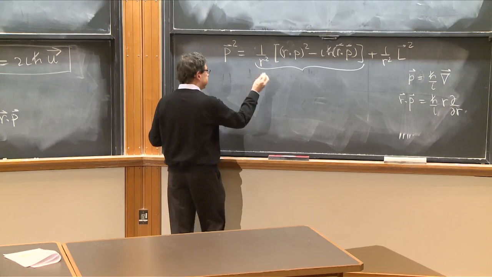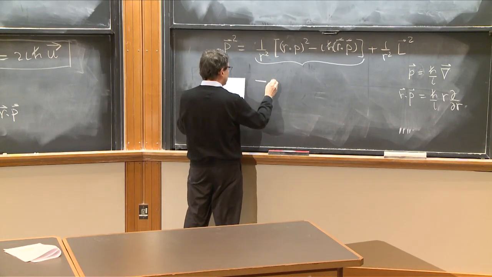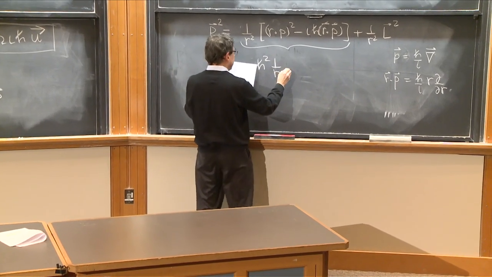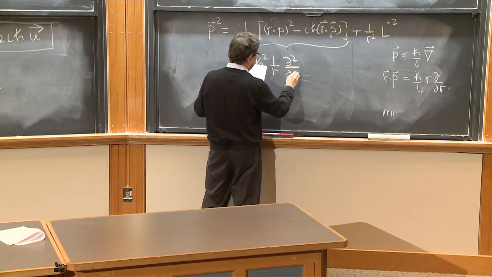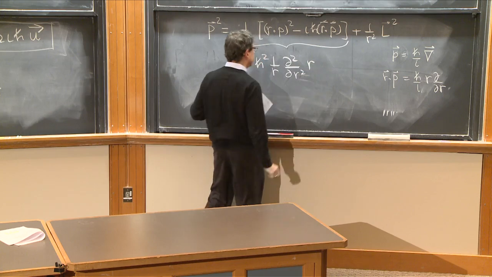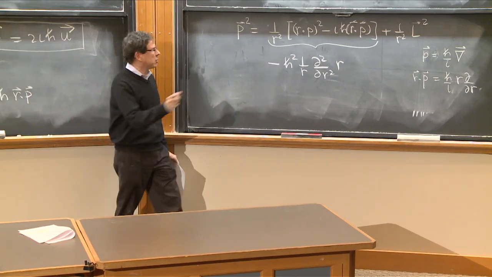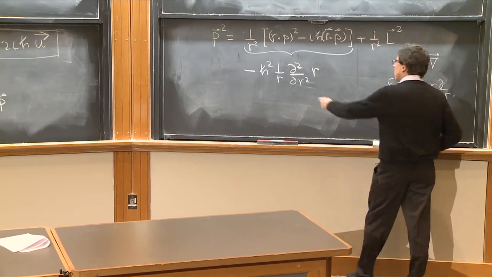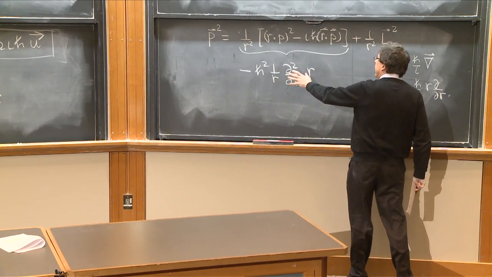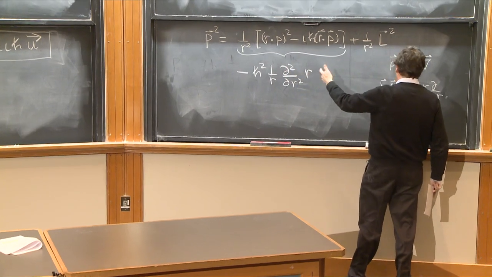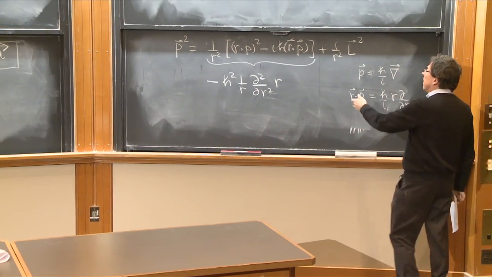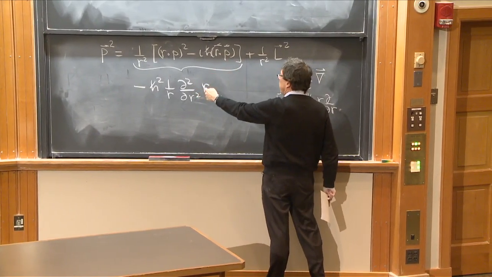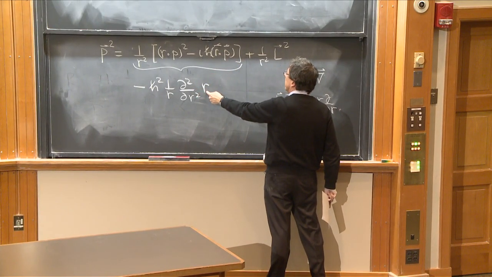I will not do it because it's in the notes, and you get minus h squared 1 over R d second dr squared R. In a funny notation, the R is on the right, and the 1 over R is on the left. And you would say, this doesn't sound right. You have here all these derivatives, and what is an R doing to the right of the derivatives?